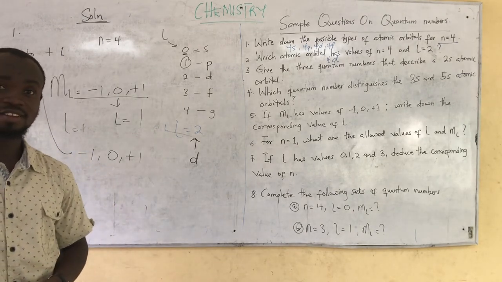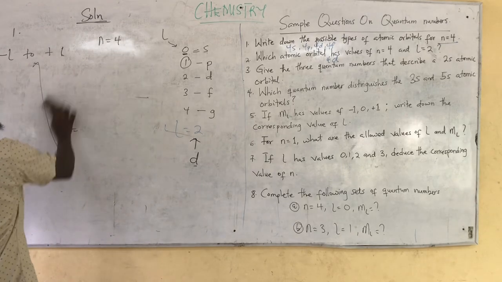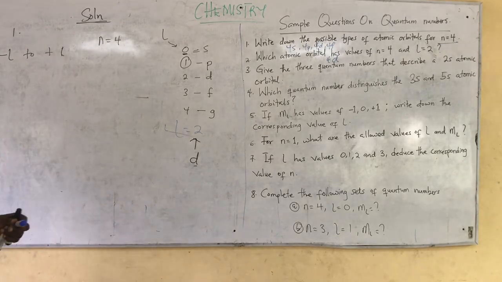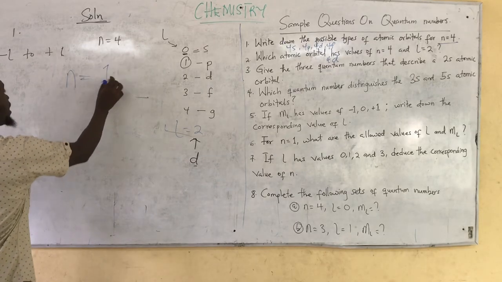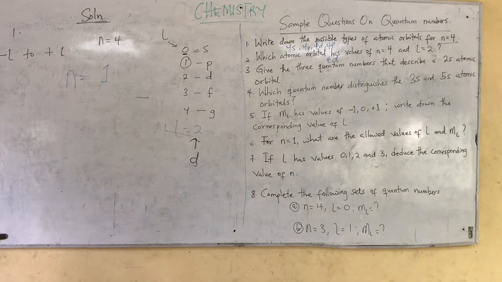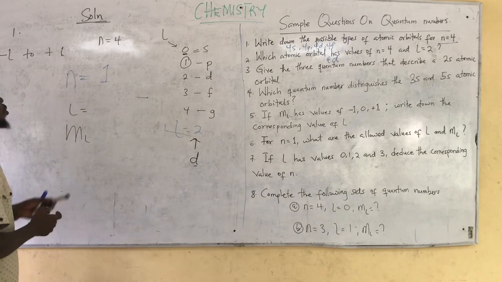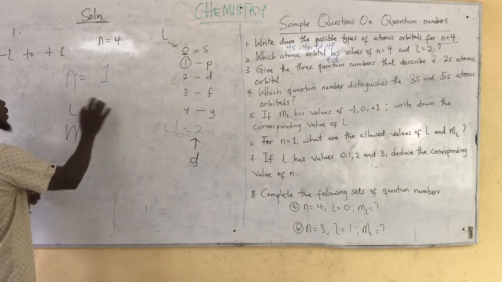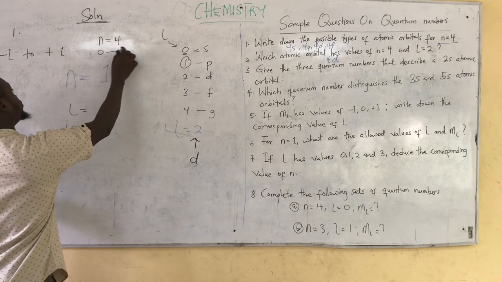Is that okay? Alright, now let's move on to the next question. That is question 6. In question 6, it says if n is equal to 1, what are the allowed values of L and then ML? So if n is equal to 1, what are the allowed values of L? How do we get the L value? We use the value range 0 to n minus 1.